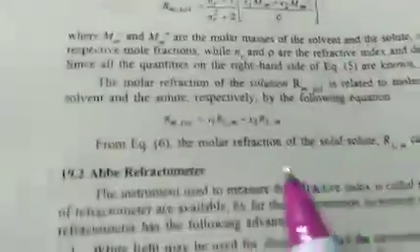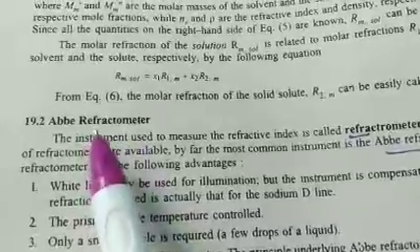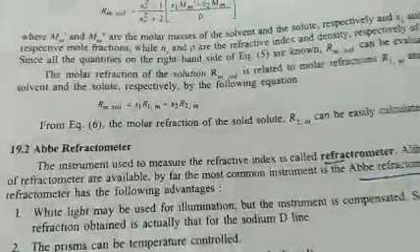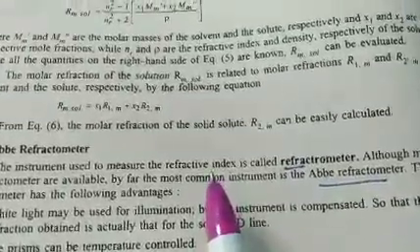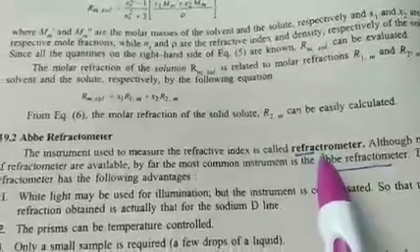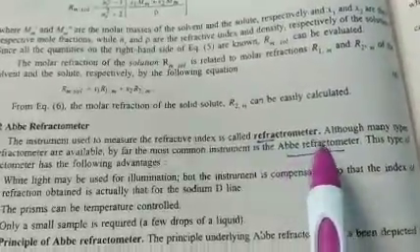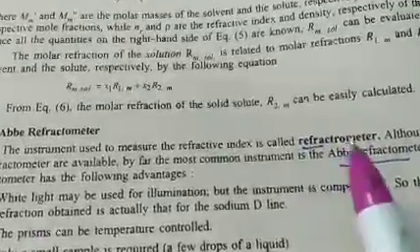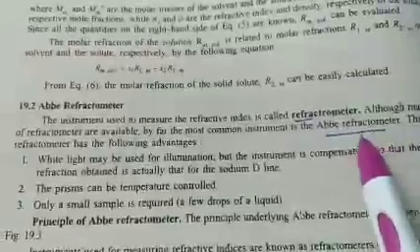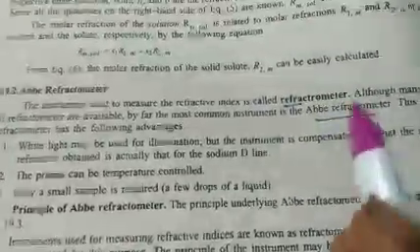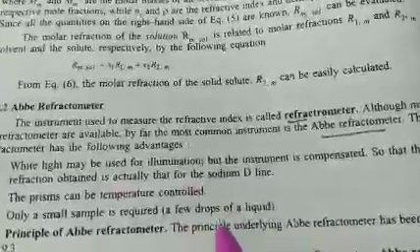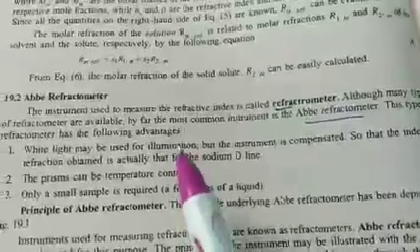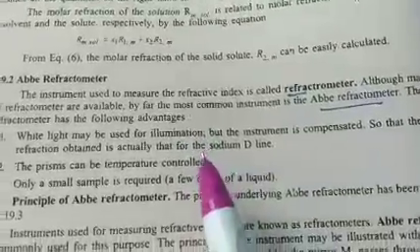The most common instrument used for measuring refractive index is the Abbe refractometer. The instrument used for measuring the refractive index is called a refractometer, and there are many types available. Most commonly we use the Abbe refractometer. These refractometers have common advantages. It is useful for the sodium D line.